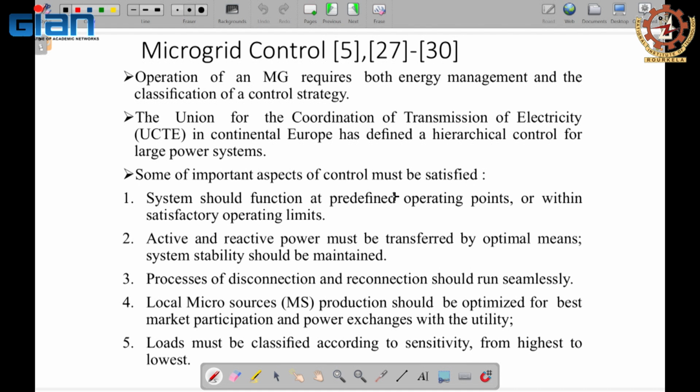The load, as you know, is also changing. On load, we don't have any control. It is completely the mood of the customer. When they want to use the electricity, they are paying for the electricity, so the way they like, they use the electricity.